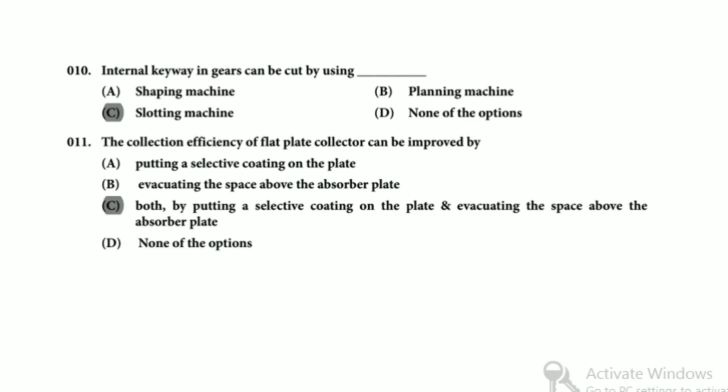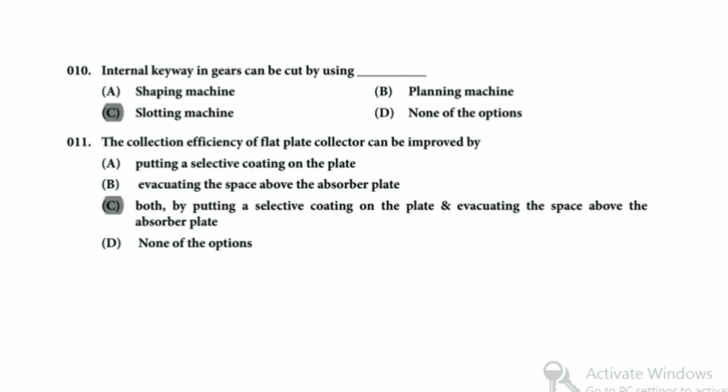Number 10. Internal keyways in gears can be cut by using dash. So option A is shaping machine, B planing machine, C slotting machine, and D none of the options. From the options you can see that shaping machines and planing machines can be useful for working on the job surface, right?